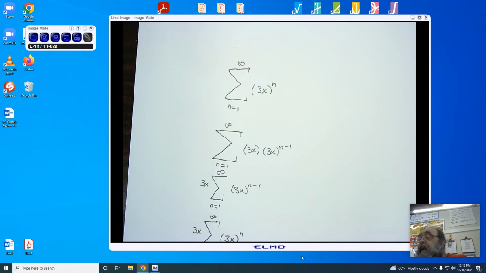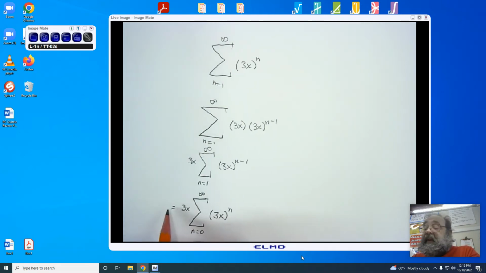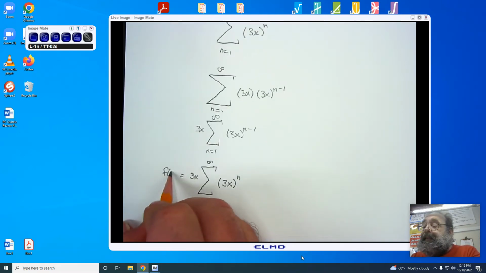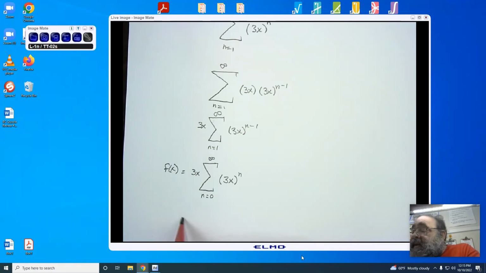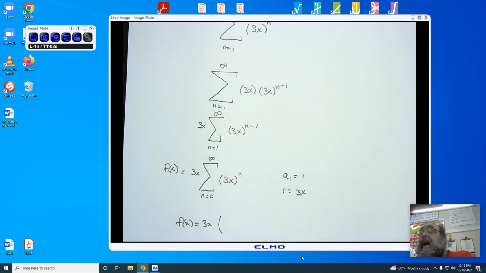and changing the exponent into an n. Now, with this, I can easily see that if this is my f of x here, then f of x is 3x times the infinite sum. And we know that our first term, a sub 1, is 1, and our common ratio is 3 to the x, or 3x.